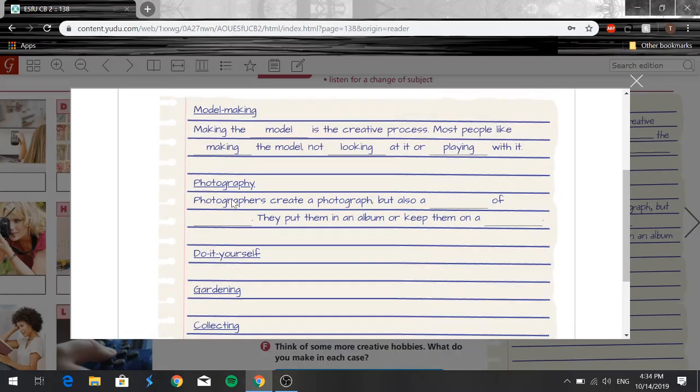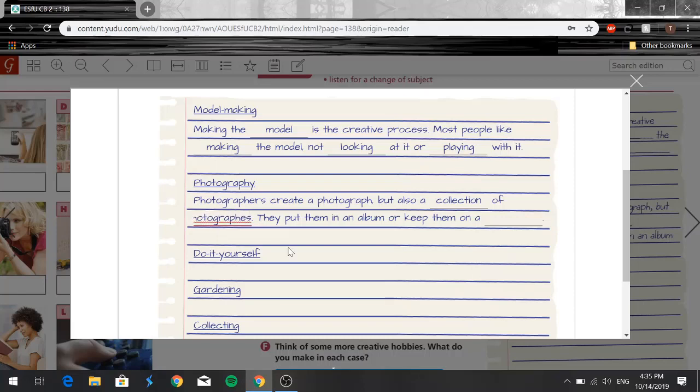Okay, well, they create a photograph, but also we'll say a collection of photographs, right? Actually, I think I wrote that wrong. We'll say collection of photographs.